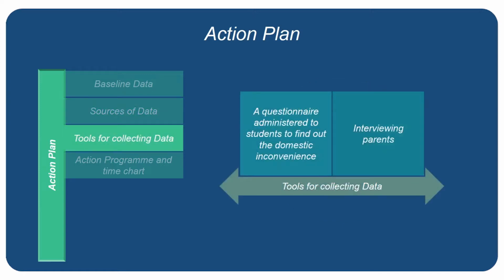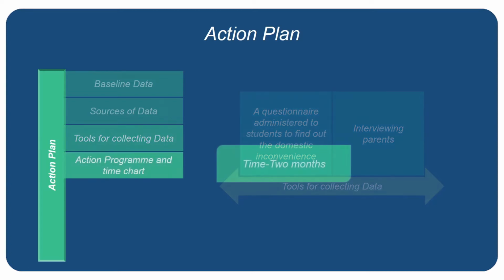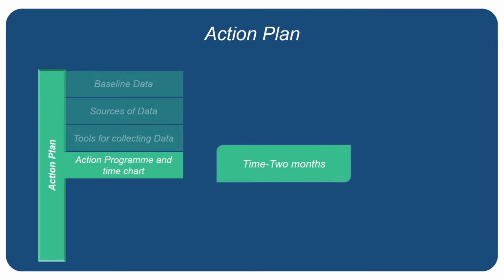Now, tools of data collection: a questionnaire administered to the students to find out the domestic inconvenience could be useful here. Interviewing parents can also be a tool here. Now, with the help of this baseline data, sources of data, and tools for collecting data, the action program with the help of time chart can be, say for example, 2 months.